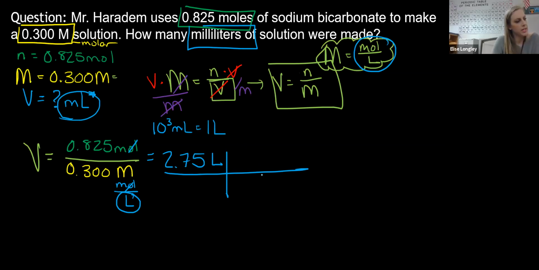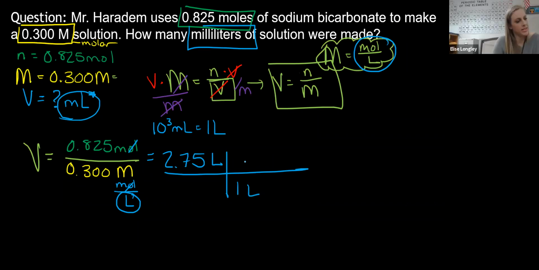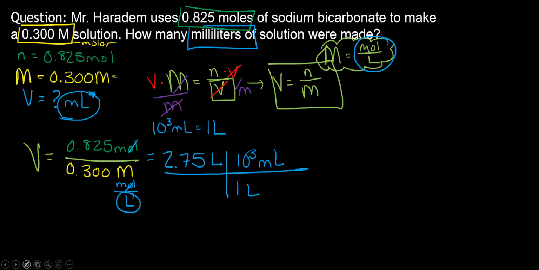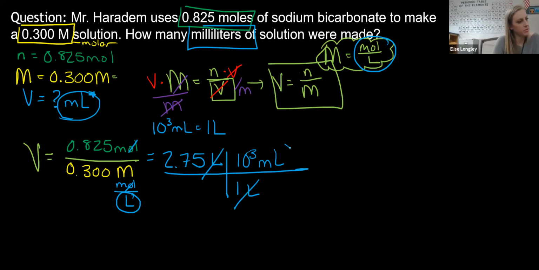So how do I plug that in? What goes on the top and bottom? Wouldn't the liters go on the bottom? Yes. Why is it on the bottom? Because you have to have the same unit. Yeah, you cancel those, right? You want to be left with milliliters. So that gives me 2750 milliliters.